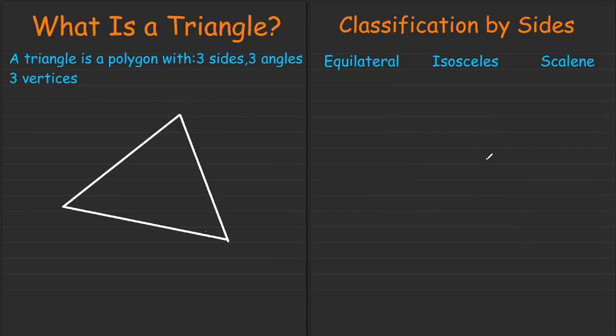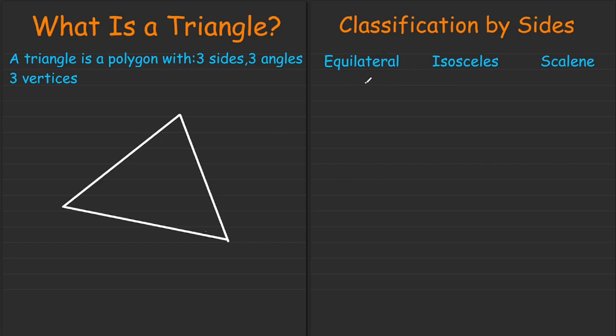We'll start by looking at the classification by sides. Under the classification by sides, we have 3 types of triangles: the equilateral triangle, the isosceles triangle, and the scalene triangle. We'll look at all these 3.